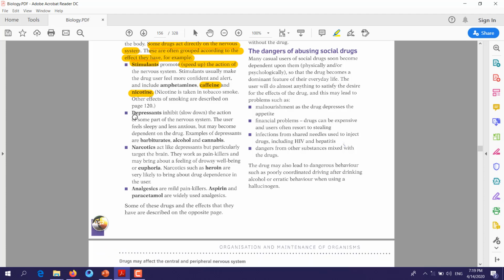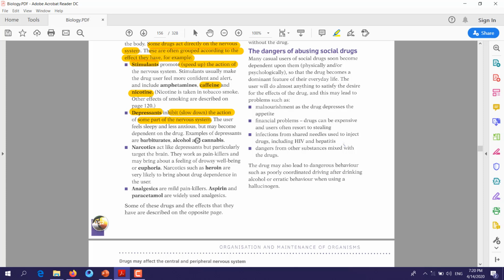Then depressants. Depressants inhibit, or slow down, the action of some parts of the nervous system. They use this, for example, for people who can't sleep, maybe because of some kind of emotional problems.